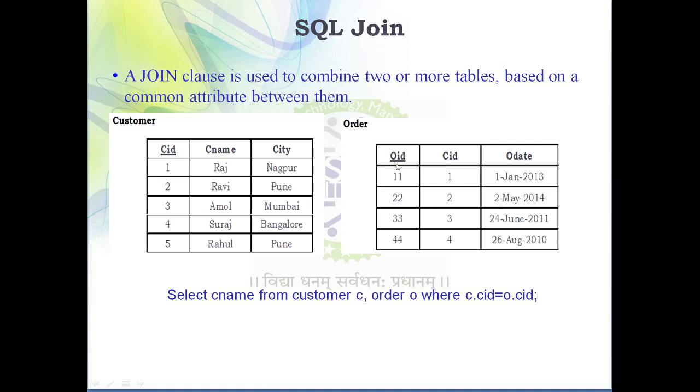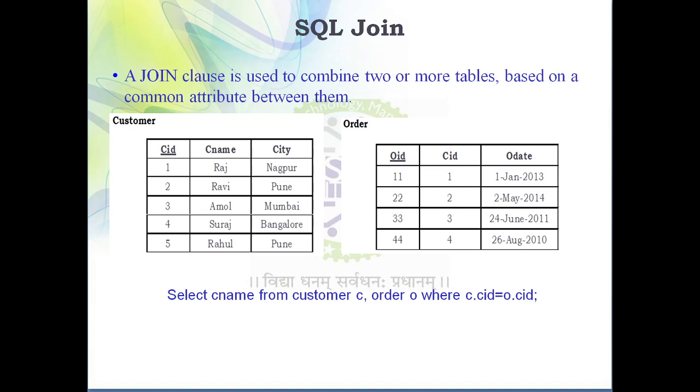That means in order to answer this question, I require two attributes. One is the customer name, which is present in the customer table, and the second is the order details, that means which customer has placed the order. For that purpose I need to refer to the order table.